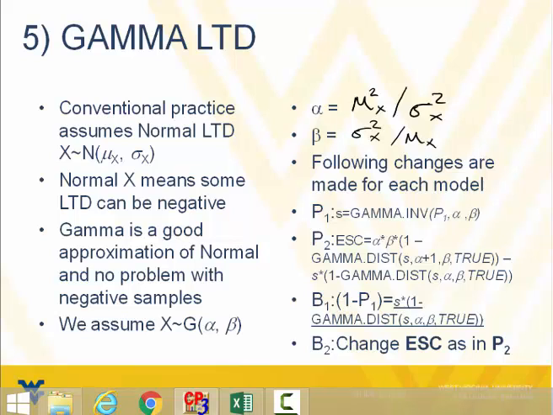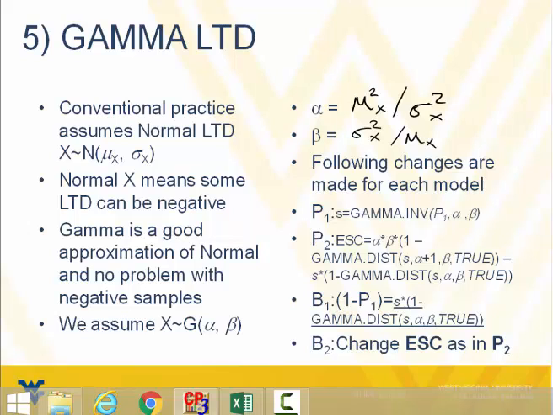So, for example, to calculate the P1 criterion, you just set the reorder point equal to the gamma function, where you have the same P1, but instead of the mean and standard deviation, now you're using alpha and beta. To calculate the expected shorts per cycle, instead of using the normal functions, now you're using a gamma function. Copying it exactly as this is, alpha plus 1, beta, true, and then s times 1 minus.